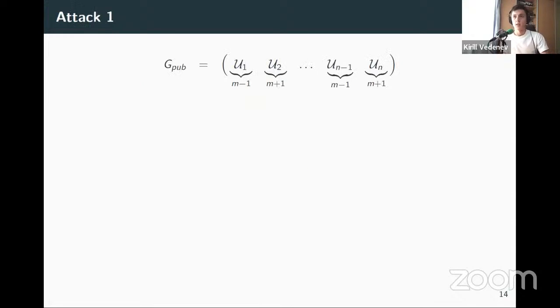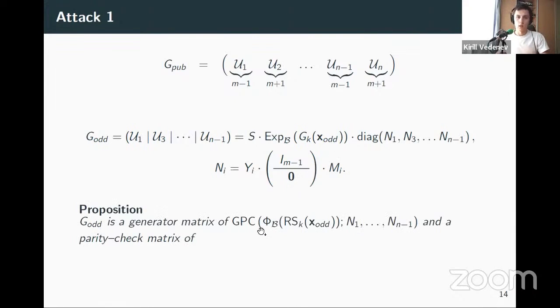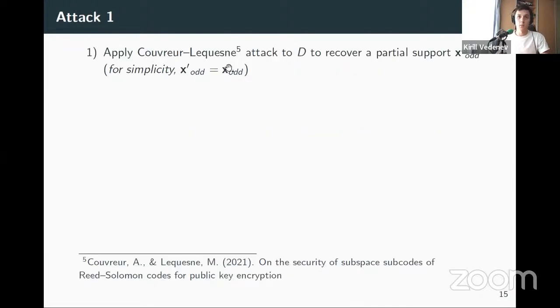Now let's consider the first attack. First, we partition the public matrix into blocks. When we take the blocks with odd indices, we note that this matrix G odd is the parity check matrix of short represented generalized subspace subcodes, and we can apply Kirill's attack to recover the partial support.